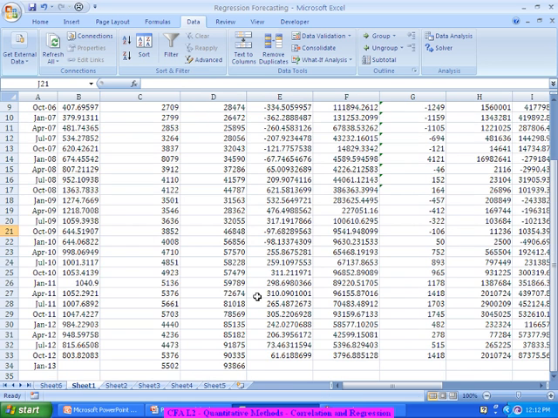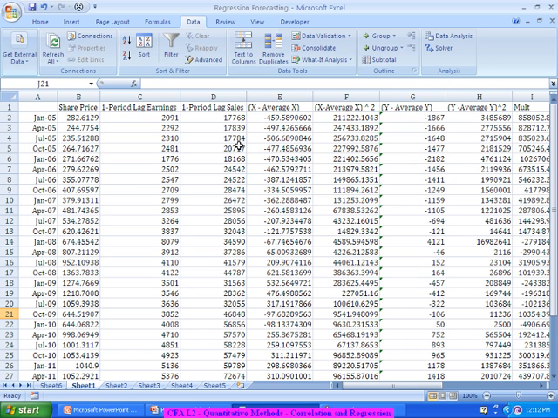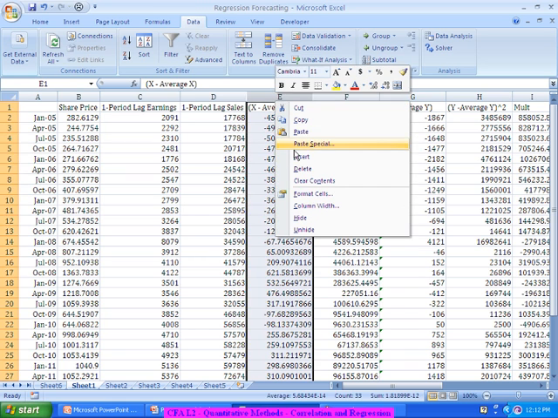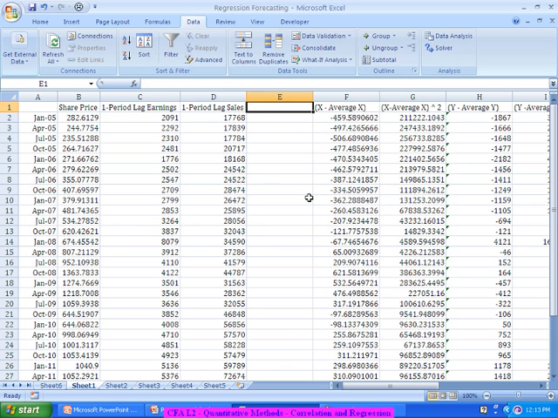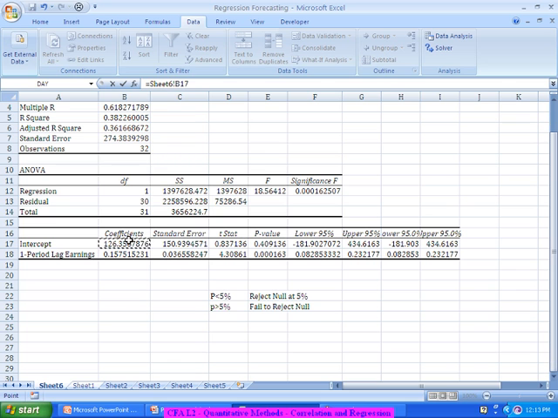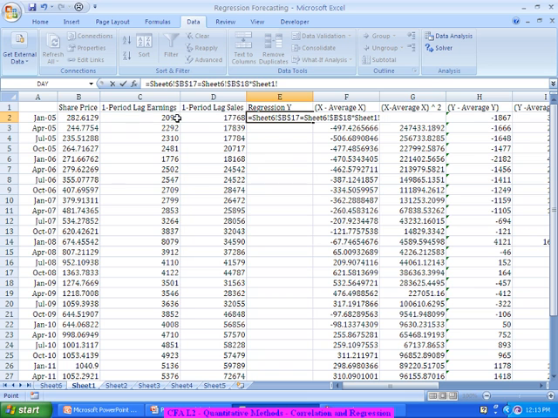Let me go back. So these are the x and y's. I'll insert one more column saying regression y, which comes out using that equation. I'll take the equation as 126 plus 0.15 times x. X in my case is this number.